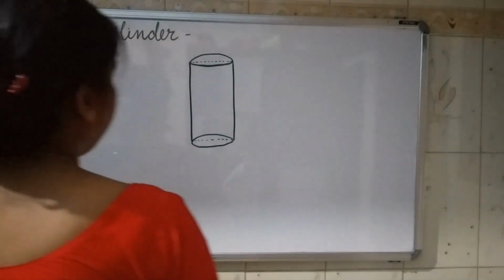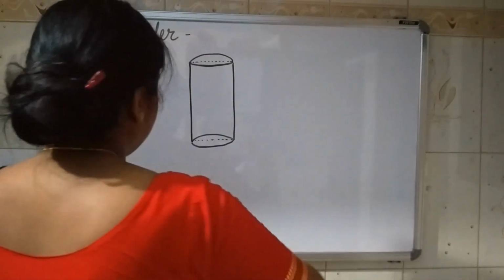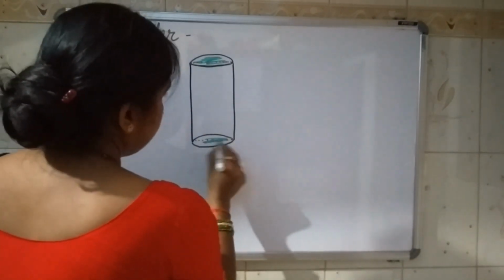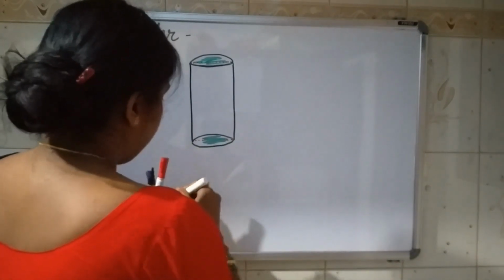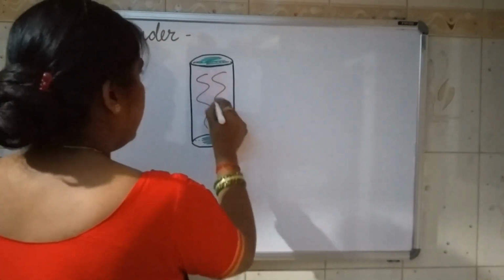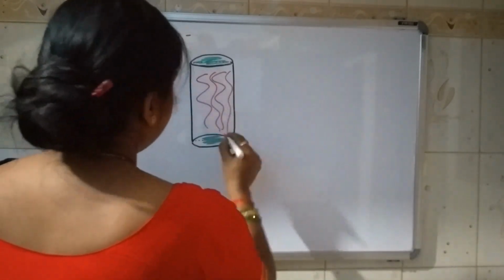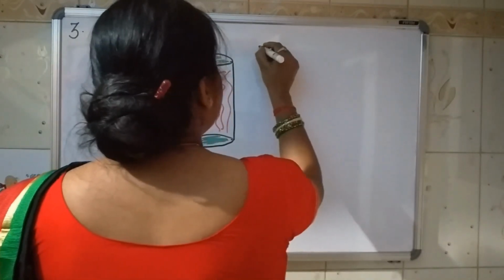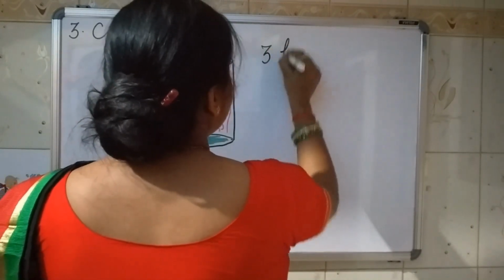See, the top view and this bottom view I am coloring with the same color. This is the same color and this is the same color. And then this front view I am coloring with the red color. Okay. Now you have to write the same thing. A cylinder has 3 faces.